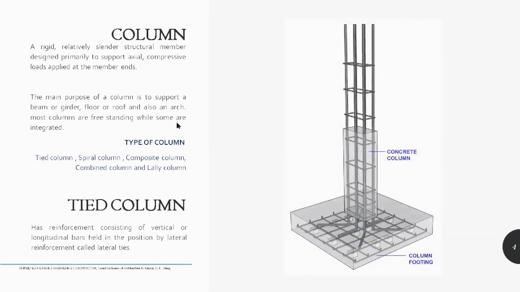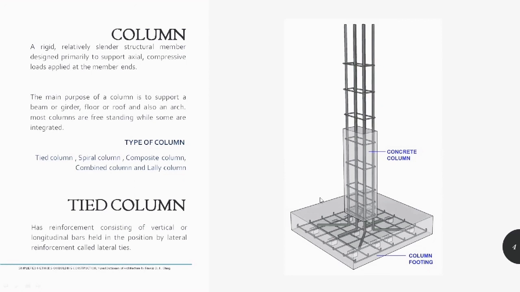In this figure, makikita natin that these are actually the vertical bars or longitudinal bars na nabench sa ilalim. And ito namang paikot, mga bars na to, or rebars, are actually the lateral ties.